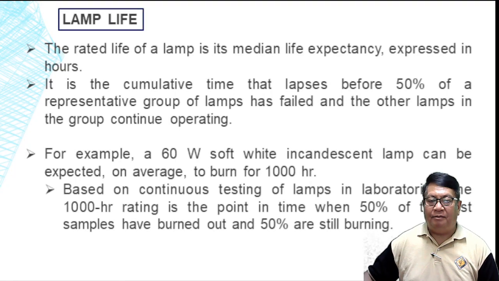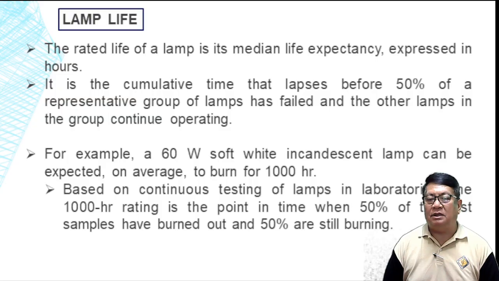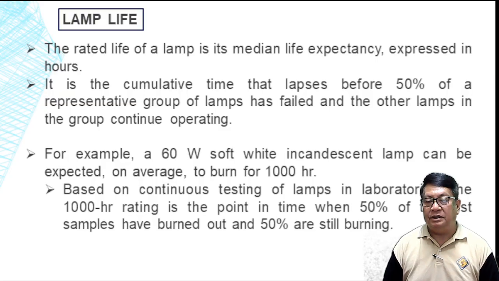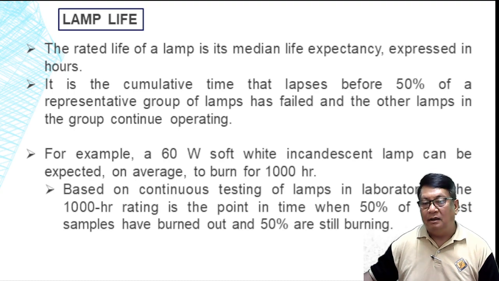So, lamp life. This is the rated life of a lamp, and is its median life expectancy expressed in hours. It is the cumulative time that elapses before 50% of a representative group of lamps has failed, and the other lamps in the group continue operating.